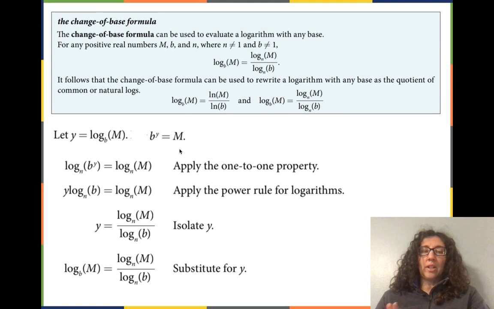So again, we'll just run through why this works, and then we'll do examples of practicing it. We're going to create a variable y that's our original log expression, log base b of m. So in exponential form, b to the y equals m. Here we go. So let's replace m with b to the y.